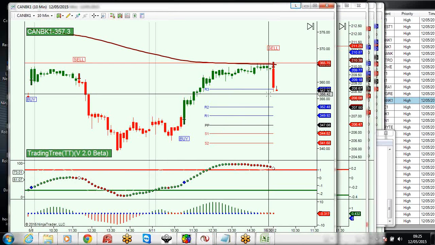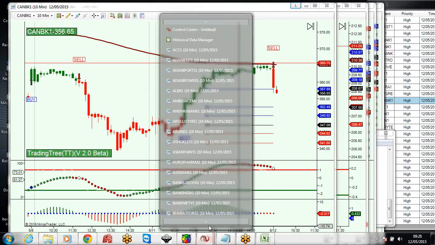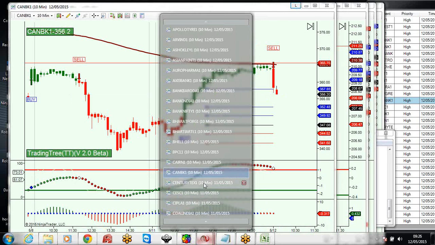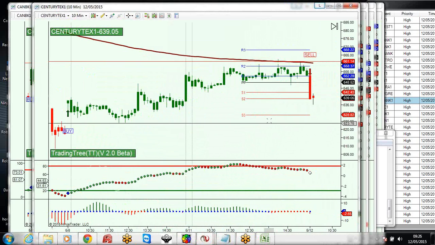Can Bank you can short it below this 356.10. So these are some of the calls and you have just seen how the calls get generated.